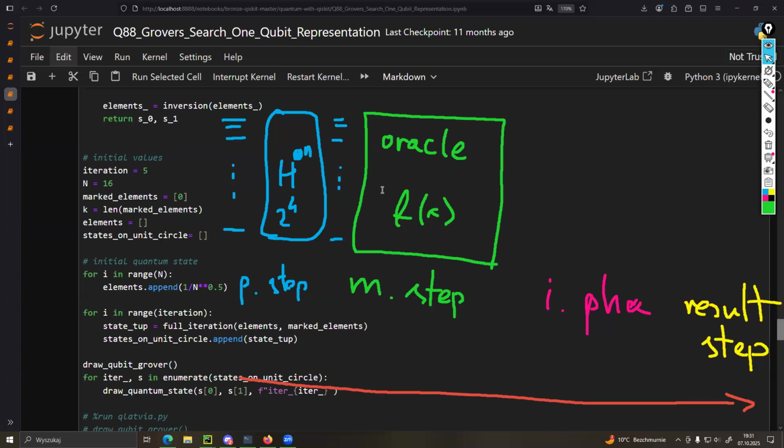And if we are designers of the Oracle, we could get an idea of what is getting marked, but out of these states, for example, here we have a measly 2 to the power of 4. Imagine that you have 2 to the power of 70 possibilities, okay? How do you know which one of them is getting marked? There is very little that you can do. In Q nickel and Q silver, you have the method to actually guess the amount of solutions.